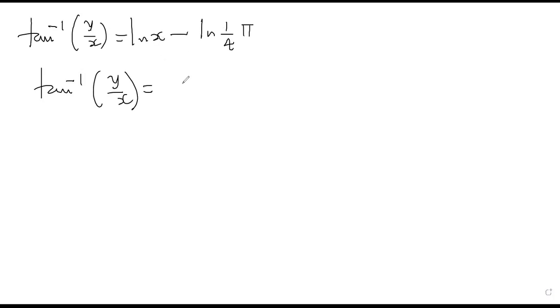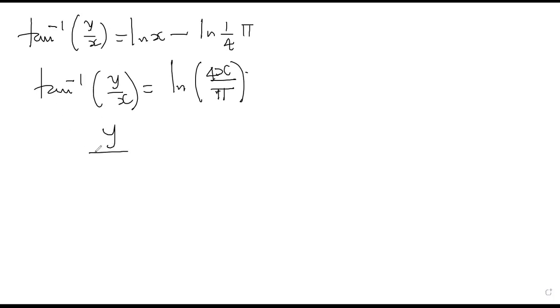So it will be a single ln, x over pi over 4, which is x divided by pi over 4, the reciprocal will be 4x over pi. Very smart. Then now, we need to eliminate the tan inverse this side.